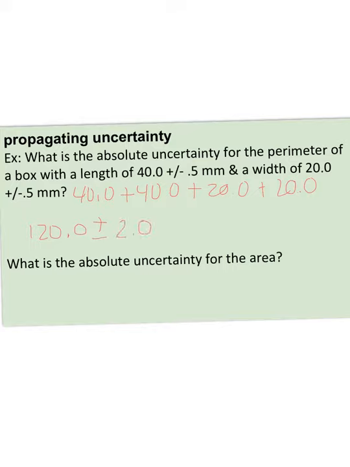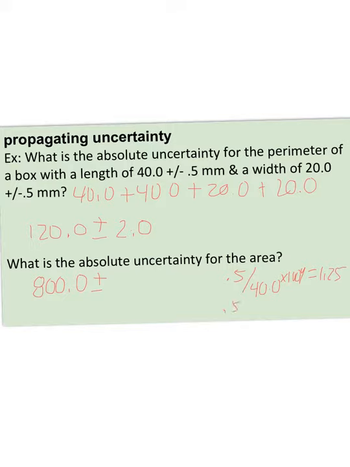as my absolute uncertainty. But doing the area, it's going to get a little more complicated because now I'm going to multiply the 40 times the 20 to get the area, so I get 800.0. But now calculating my uncertainty, I have to first know what is the percent uncertainty of 0.5 over 40 times 100%. So when I do that, I find that that's a percentage of 1.25%.